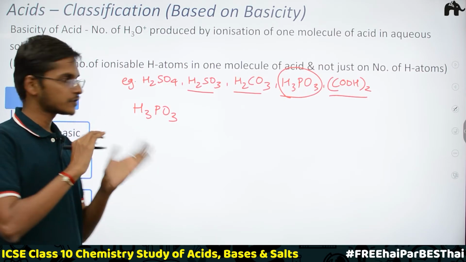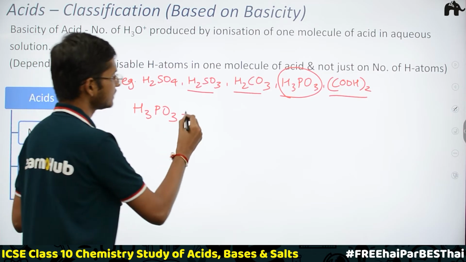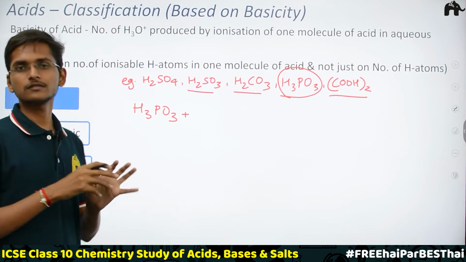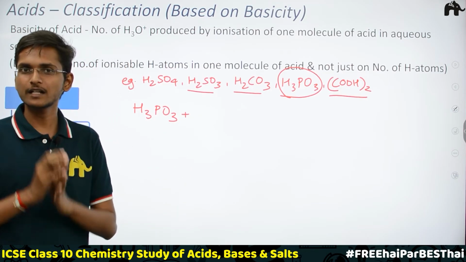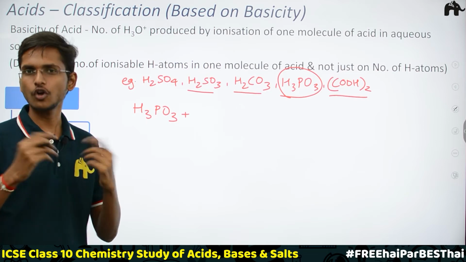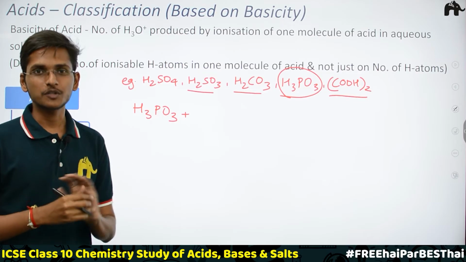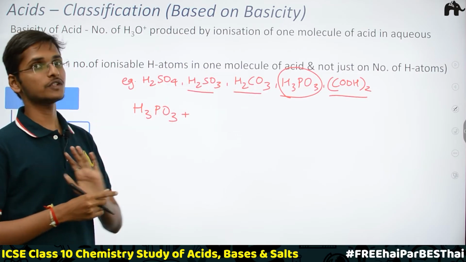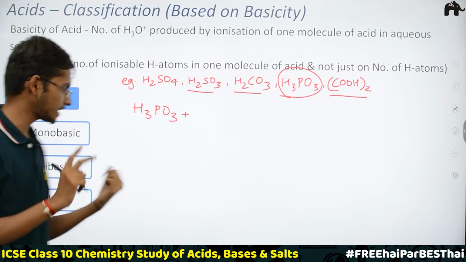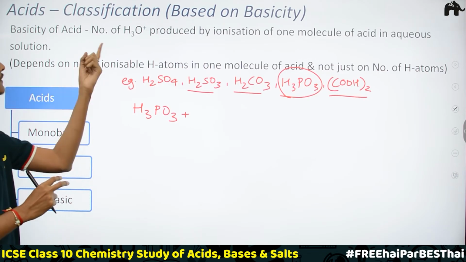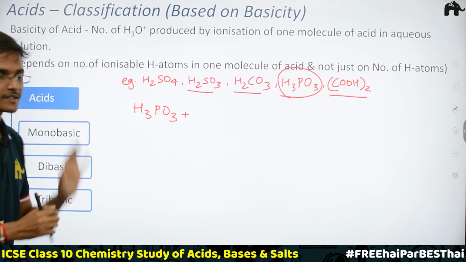I hope you have resumed. In this case, if you would have paid attention and applied some logic, you would have written the right equation, because I have already told you that H3PO3 is a dibasic acid, which means it would give only 2 H3O plus ions, correct?